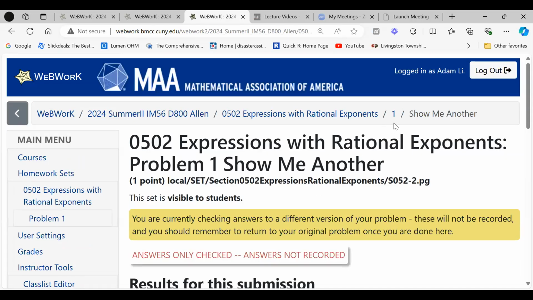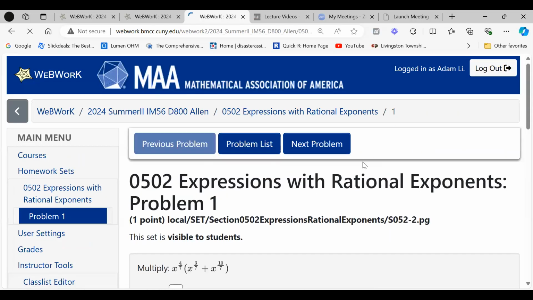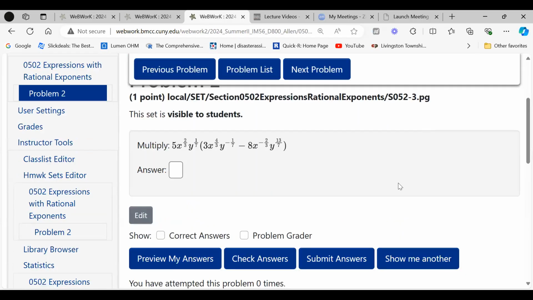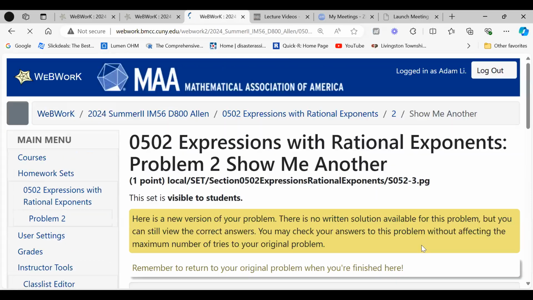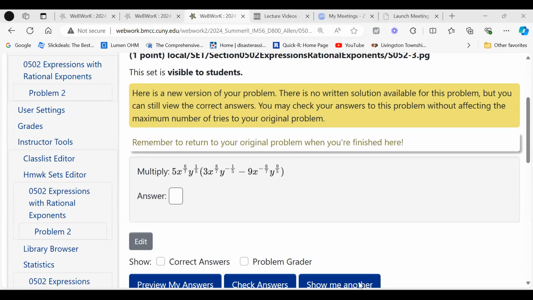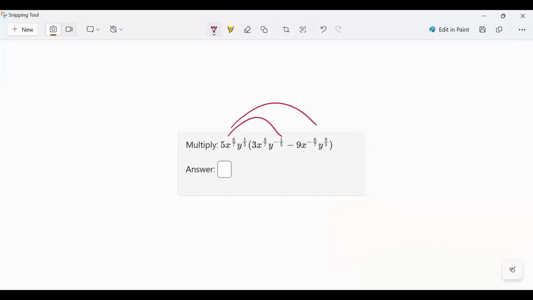Yep, so let's look at the next question. You get a little more complicated one like this. All right, so we're going to distribute it, just like the other one.